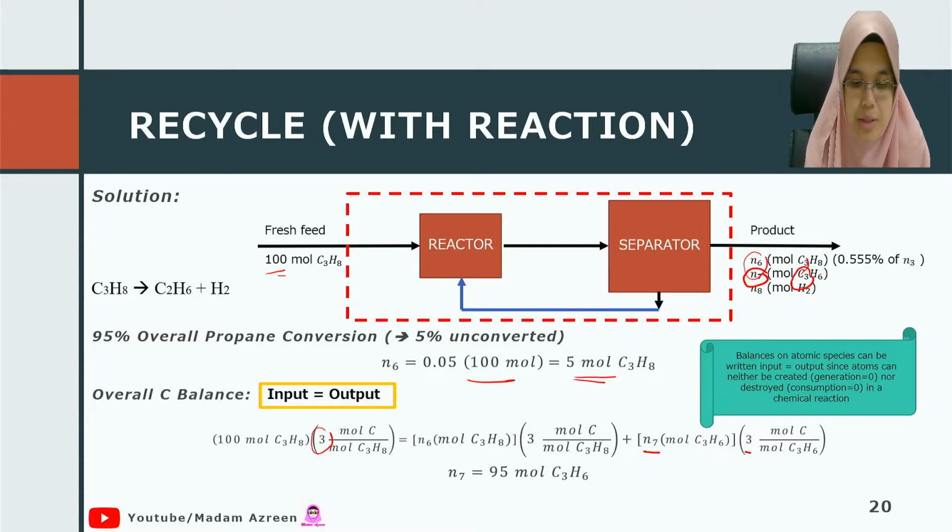So we write here, and this value we already get, so we can get the value of N7. Remember, for 0 degree of freedom, you can straight away get your unknown value.